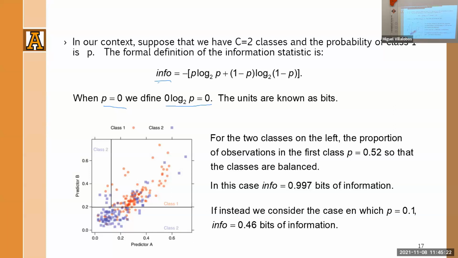So, as with Gini's index, we want this information to be as small as possible. In the entropy criteria, we want the smallest value possible, and that is the criteria that the C4.5 algorithm uses.